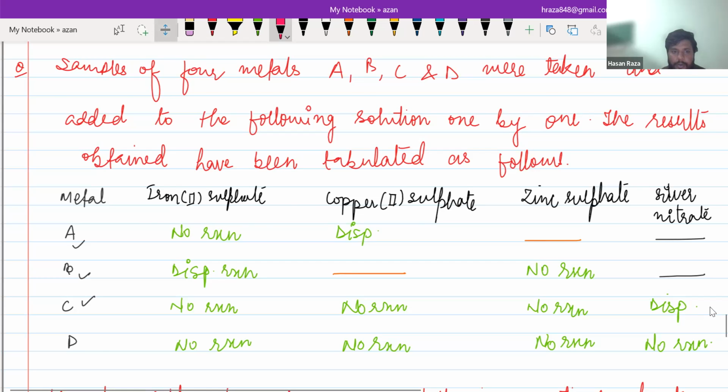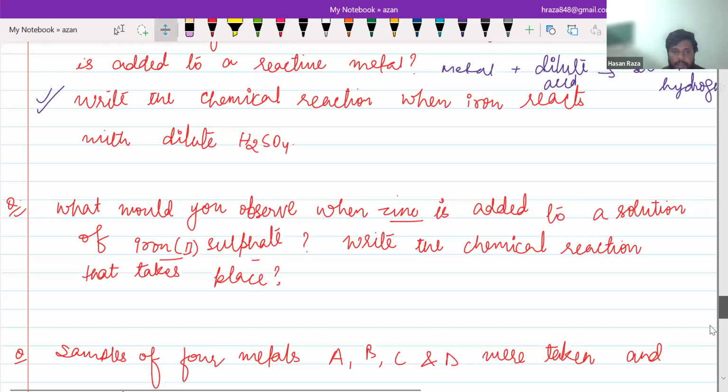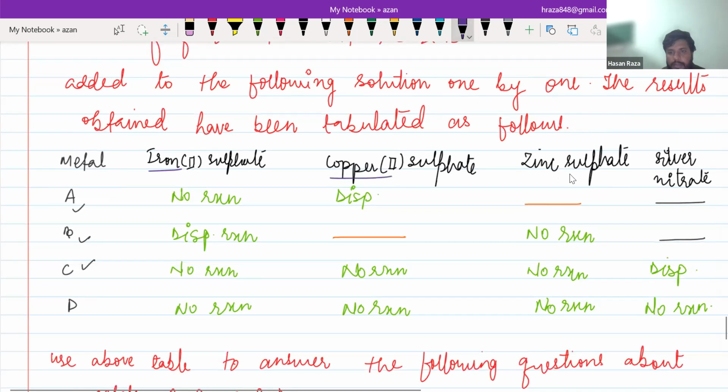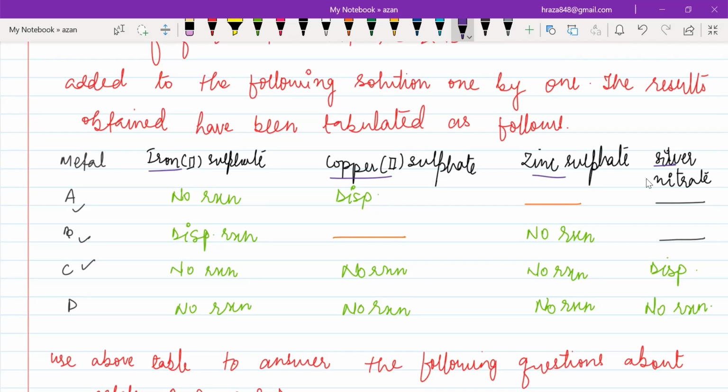If you see, first of all, you have to think iron, copper, zinc, and silver. In these four metals, which one is most reactive? Copper, sir. Copper is the most reactive.